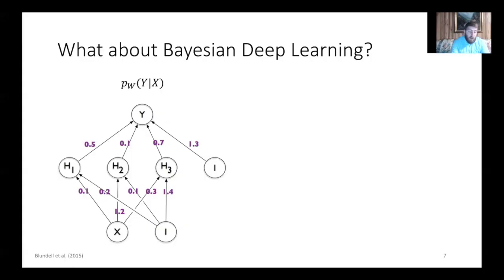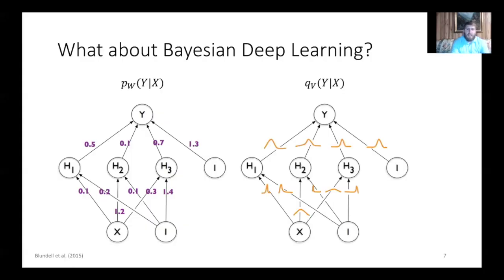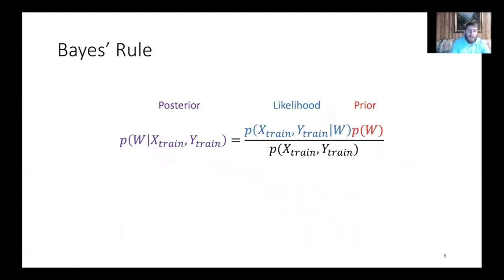In Bayesian deep neural networks, in contrast, instead of just having one value for the parameters, you have a distribution of values for each parameter. And then the question is, well, how exactly do we learn these distributions of parameters?